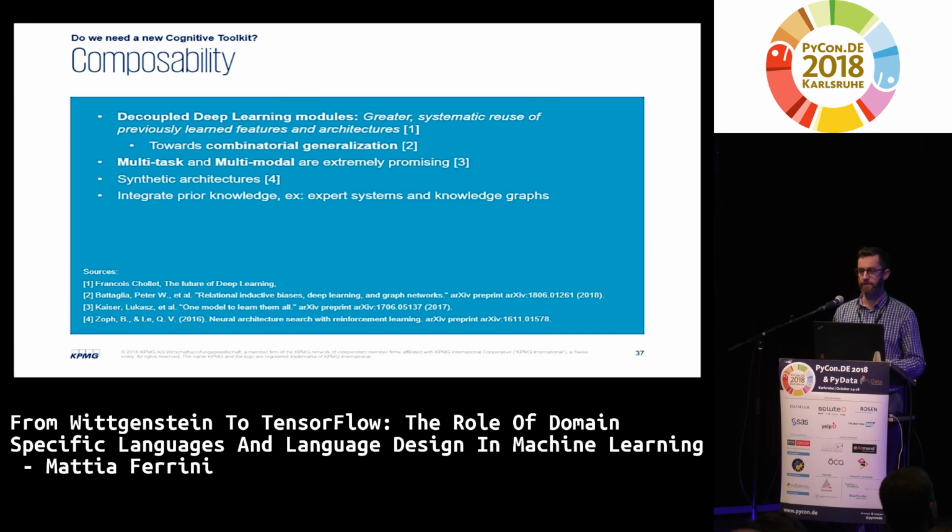We take models, we compose them, we break them apart, and we repipe models to different tasks. We are heading towards combinatorial generalization, trying to achieve generalization by combining together different models that tackle different problems.